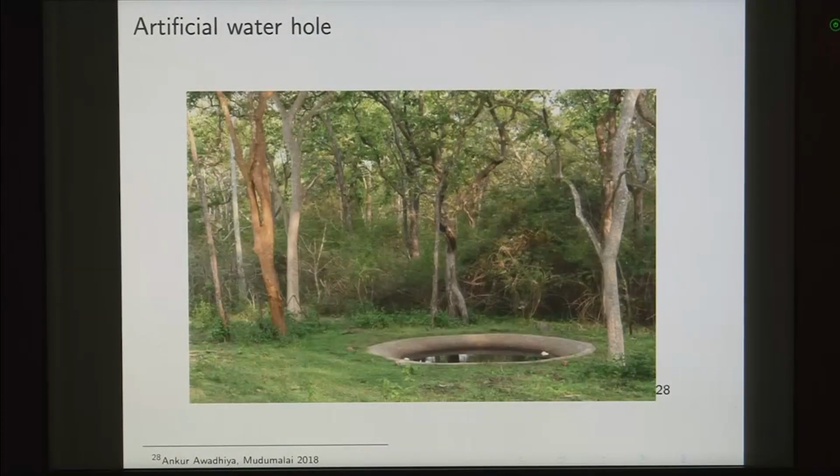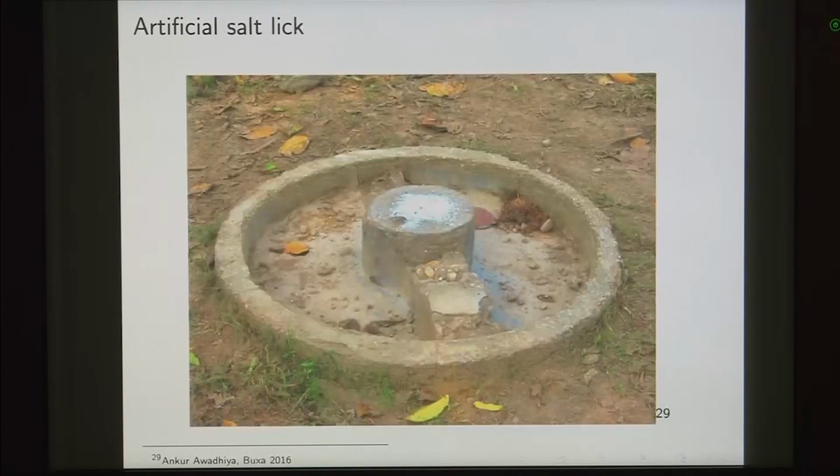In those areas where we have a scarcity of water, we could even go for construction of a small water hole, and in this water hole people would come and bring water in tankers and fill these water holes, so that even in the peak summers, the animals have some access to water. Or we could go for salt licks.